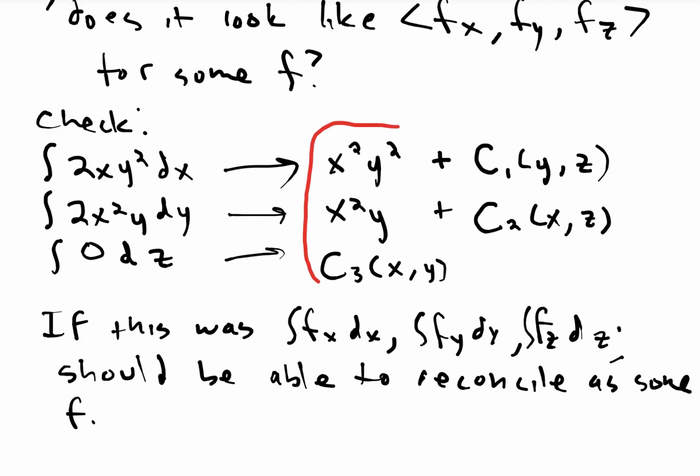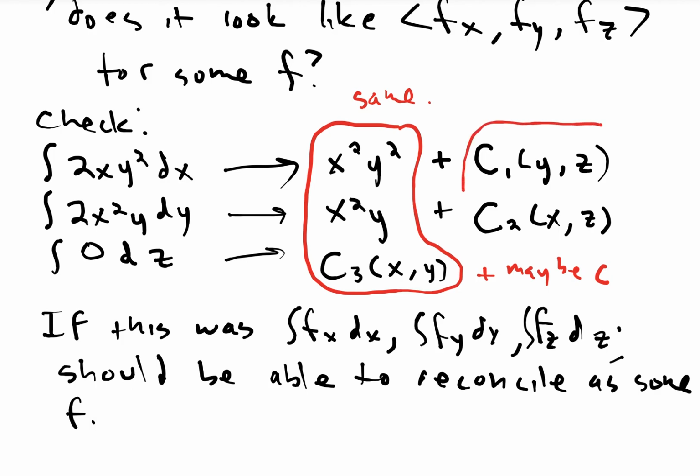The reason that I say that is if I let these guys be basically the same thing, plus maybe some sort of actual legitimate c on the end here, I can go ahead and reconcile these guys as basically the same thing, right?